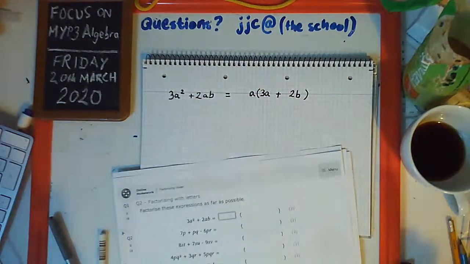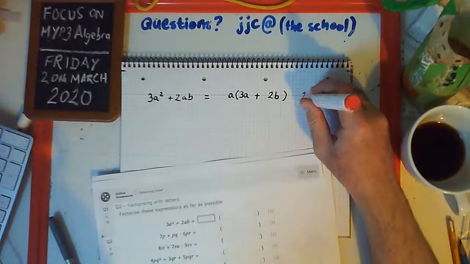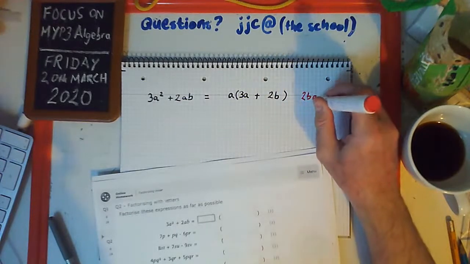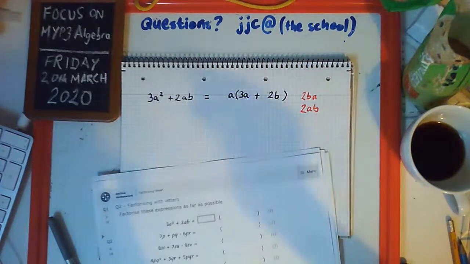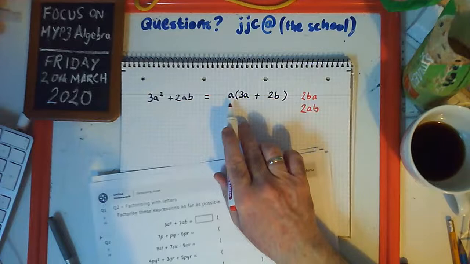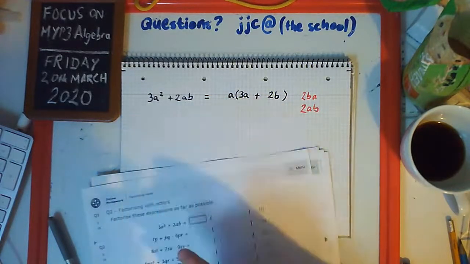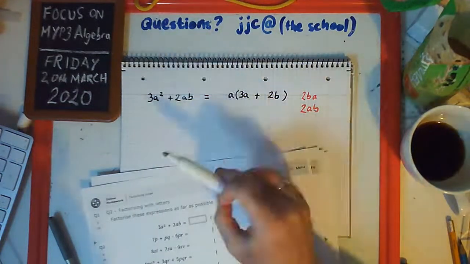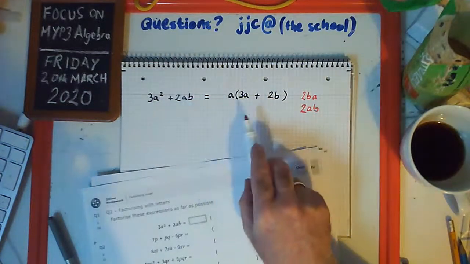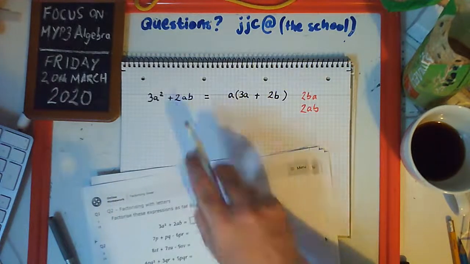Remember when you're multiplying, 2b times a and 2a times b mean the same thing. So the order that these things are in, the 2, the b and the a, doesn't necessarily matter. Although it's convention to write these things with the numbers first and then the letters in alphabetical order.